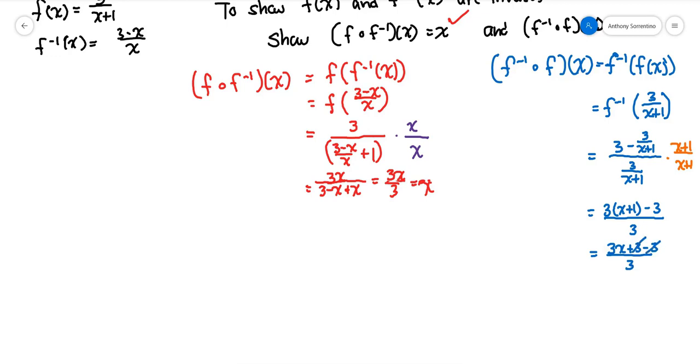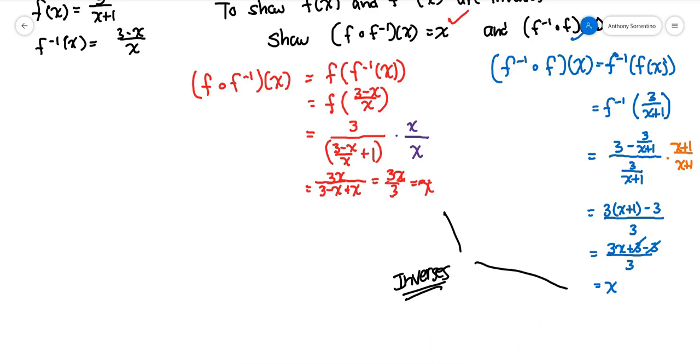These, of course, become nothing. I end up with 3x over 3, which is just equal to x. So I've proven that if I compose them in either direction, I get x, which allows me to conclude they are inverses.